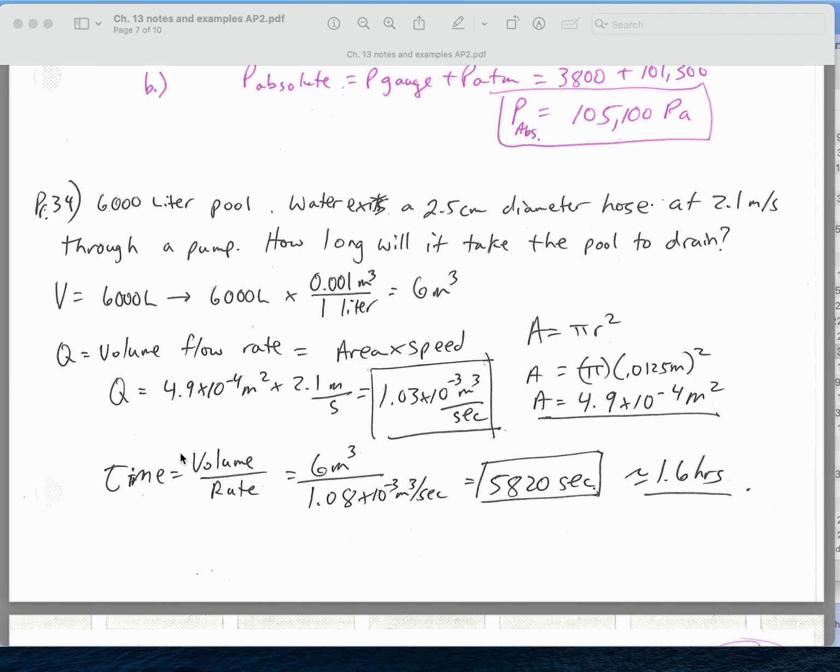Now, this is a general equation: if I've got a certain quantity divided by a rate, that'll give me time. So you really want to look at your units to see how you set this up. I end up getting meters cubed divided by meters cubed per second, which gives me units of seconds. So I get about 5,800 seconds. That's about 1.6 hours.